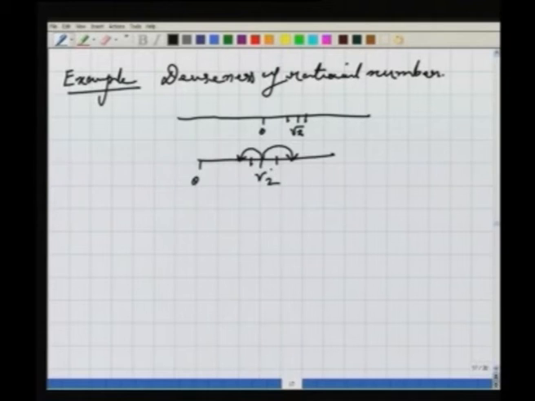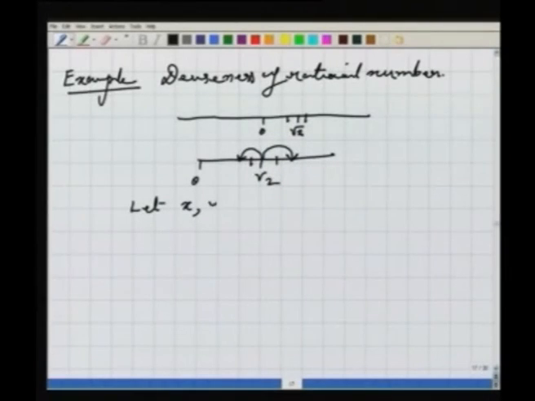A precise mathematical formulation of this is as follows. Let x and y be two real numbers such that x is strictly less than y. This x you can think of as where I have moved, and y is my right movement.